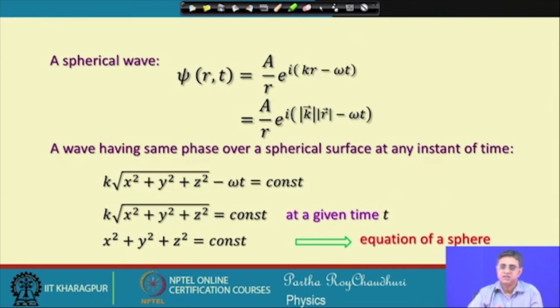Because it is constant at a given time, we set omega into t also a constant. Therefore, k into under root of x square plus y square plus z square, which is the mod value of this r vector, is equal to constant at a given time. Therefore, if you square both sides, we get x square plus y square plus z square equal to constant, and this is the equation of a sphere. So, all this is very consistent.